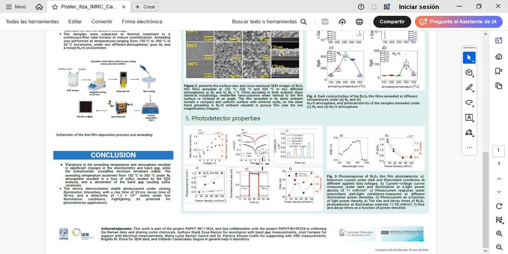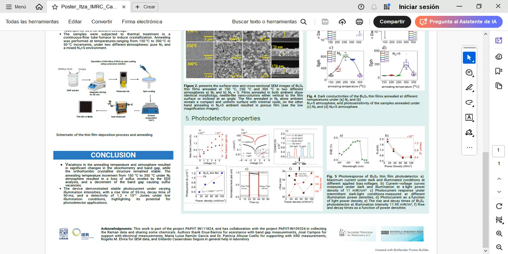B, the current voltage curves measured under dark and illumination at a light power density of 11 milliwatts per centimeter squared. And C, photocurrent response under intermittent dark and light conditions measured at different illumination power densities.